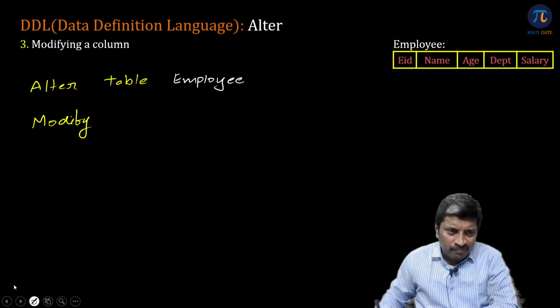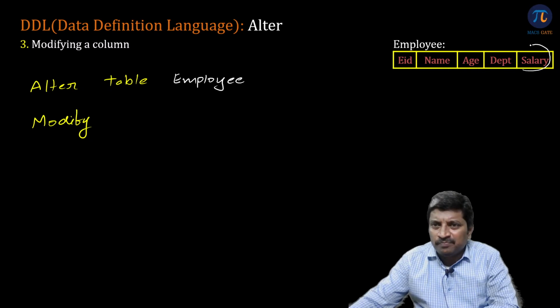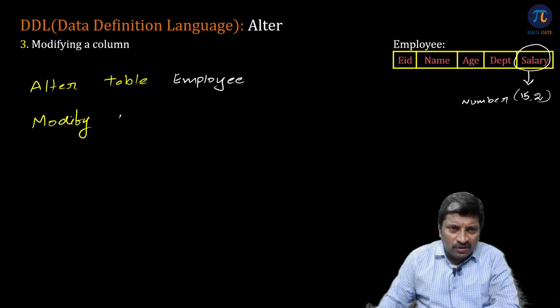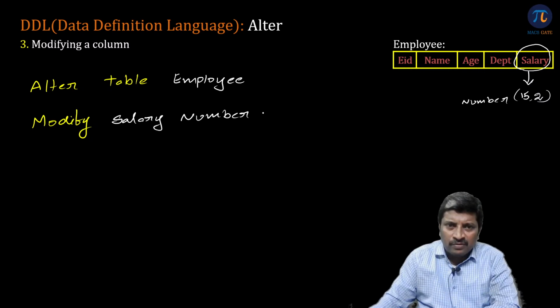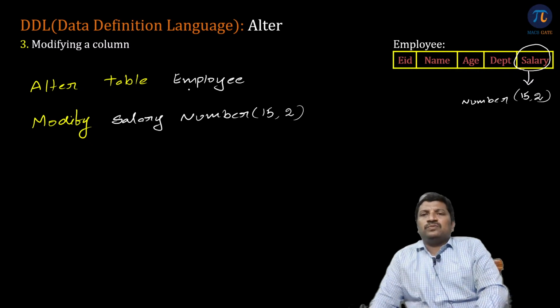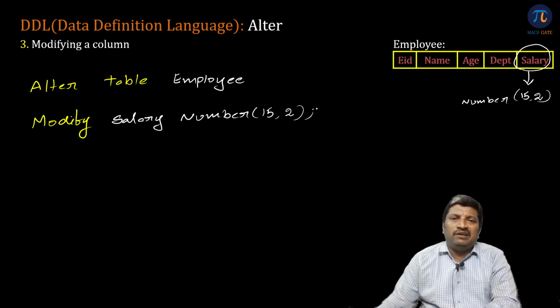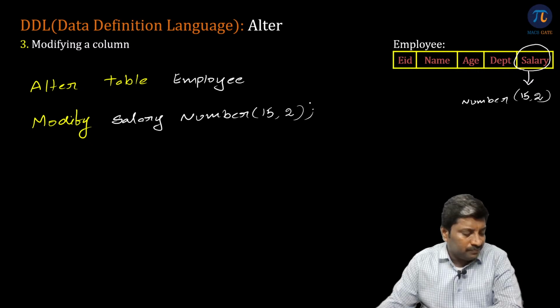What you want to modify, sir? Suppose the salary, I want to increase the data type size to number of 15 comma 2. Maximum it can have 15 digits. So modify salary number of 15 comma 2. So this is the way we can change the data type of the column.